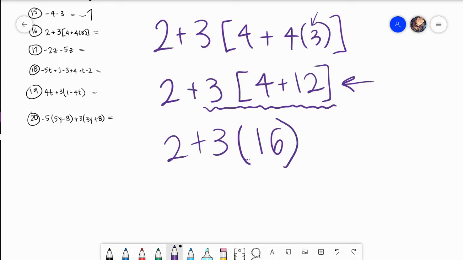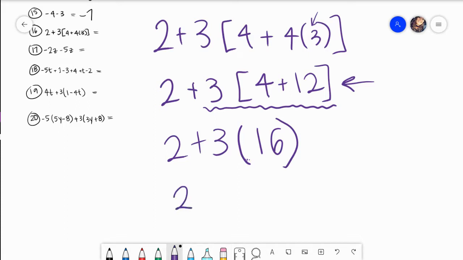There. Now, I noticed that what I actually have is 2 plus 3 times 16. Okay, so now I don't have any excuse. I do have a my. My meaning multiplication. Please excuse my. I do have multiplication. What I notice is that the 3 and the 16 in parentheses, that means multiplication, right? So I need to evaluate that first.